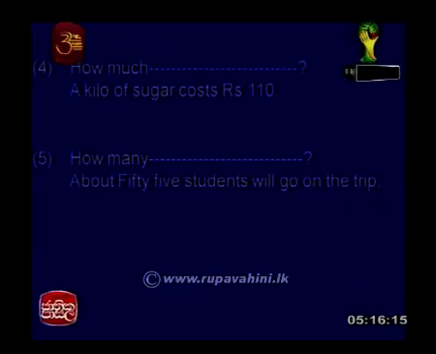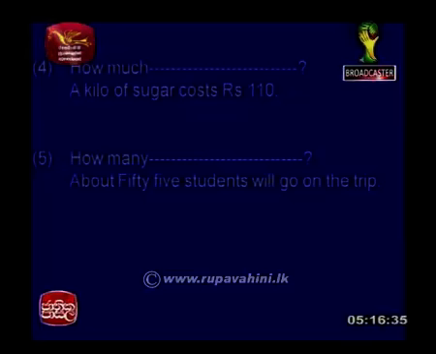You know, the answer is about 55. And what you have to do is, straight away, you can put the second section starting from will onto the blank. Right? How many students will go on the trip, and the question mark.